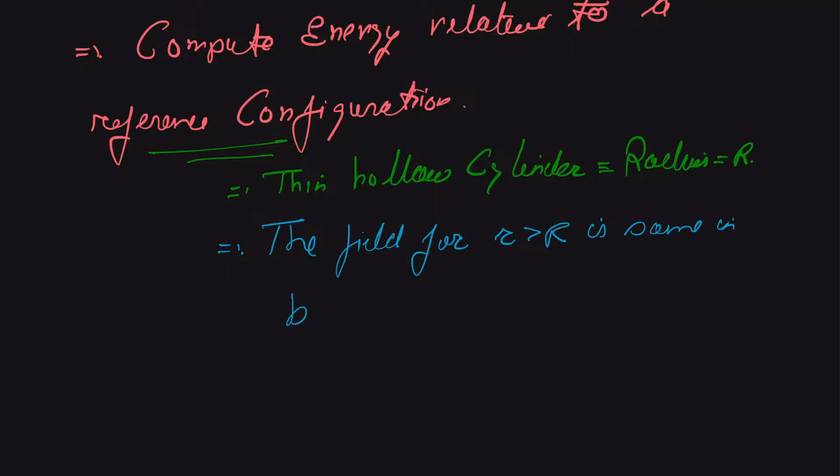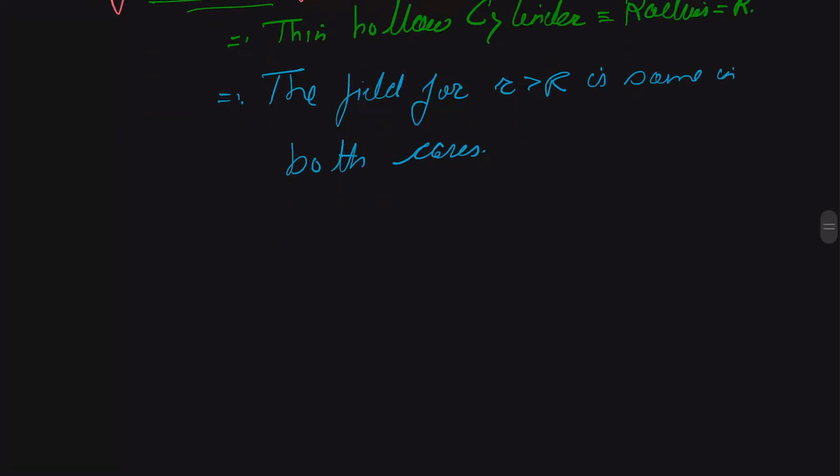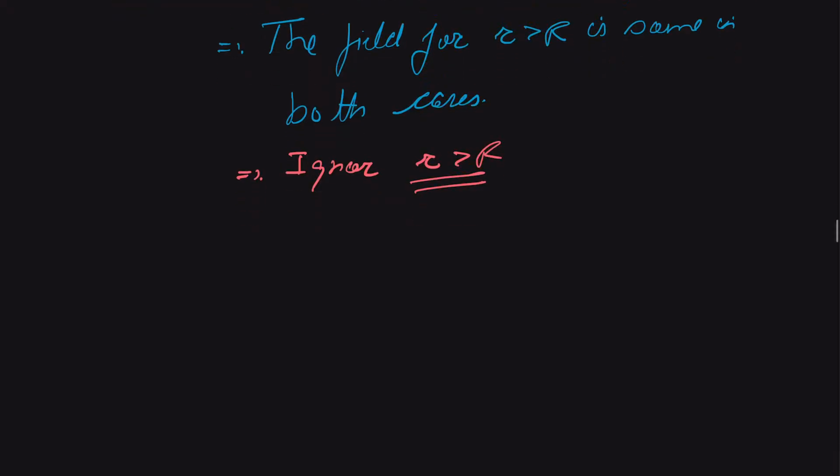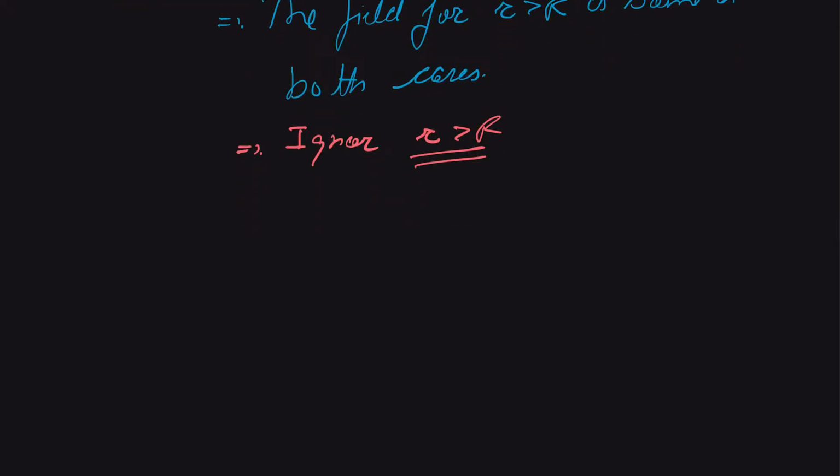So from here we can draw an important conclusion: we ignore the region when small r is greater than capital R. This was one of the key aspects, because the limits are important in this case.